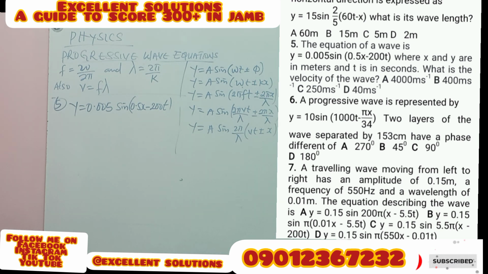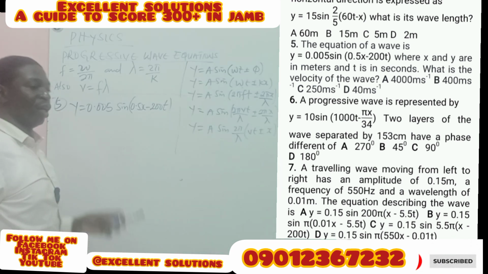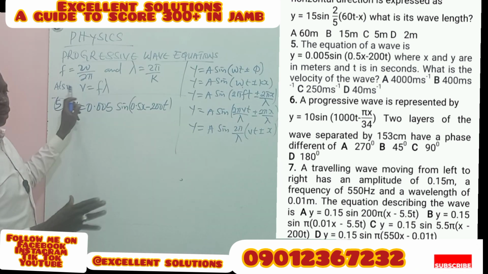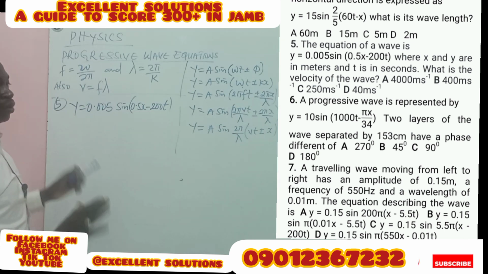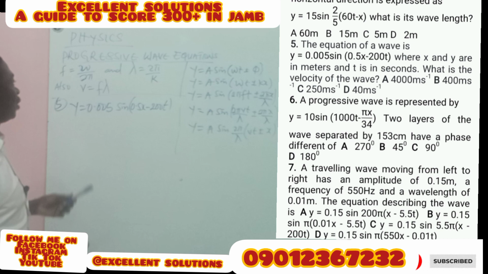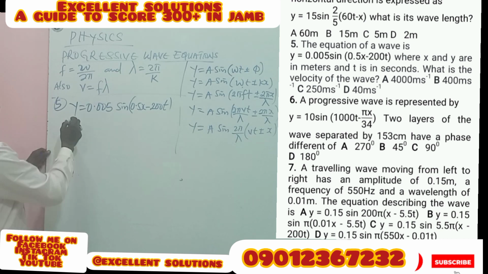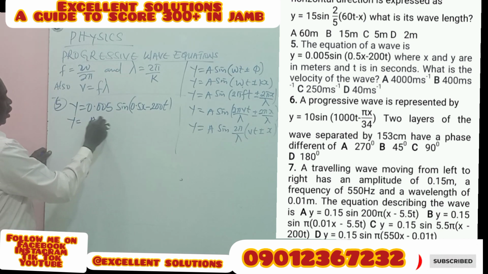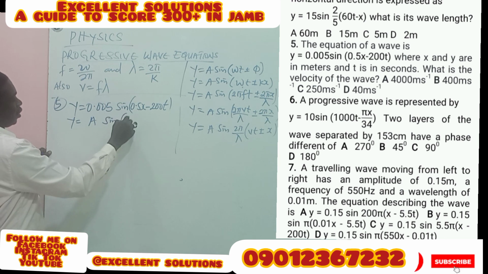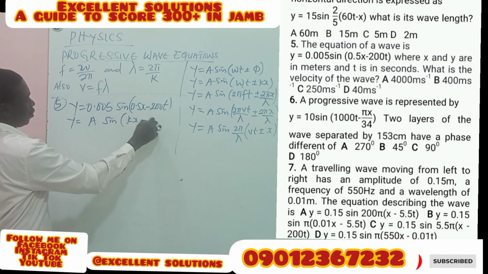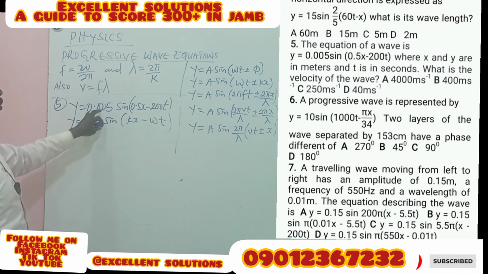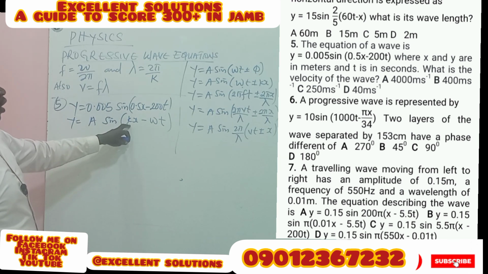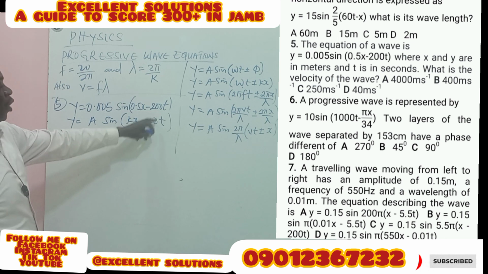What is the velocity of the wave? Since this one asks us to find the velocity, remember we have been looking for velocity. I used to go up to the point of finding the velocity to understand the concept of the progressive wave better. So here we just compare with y equal a sine kx minus omega t. Looking at this comparison, amplitude is 0.005, k is 0.5, and omega is 200.